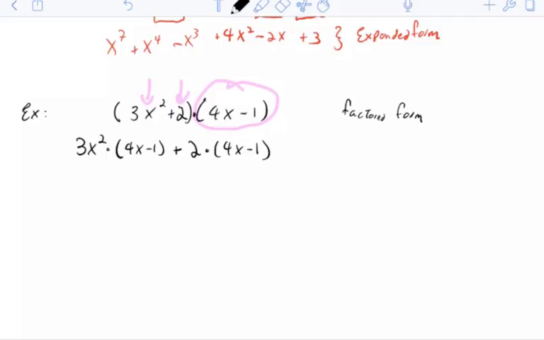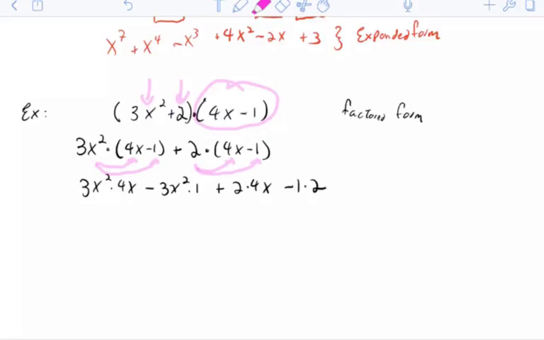Multiply this out now. 3x squared times 4x minus 3x squared times 1 plus 2 times 4x minus 1 times 2. Now you've done this, you can multiply each of these like that, which is what I just wrote out.